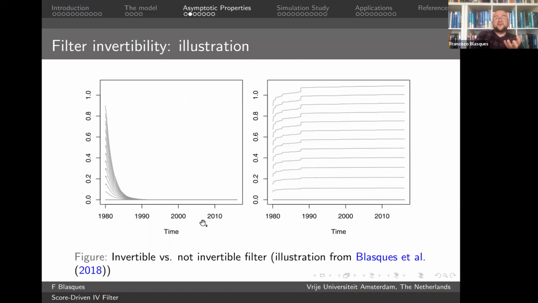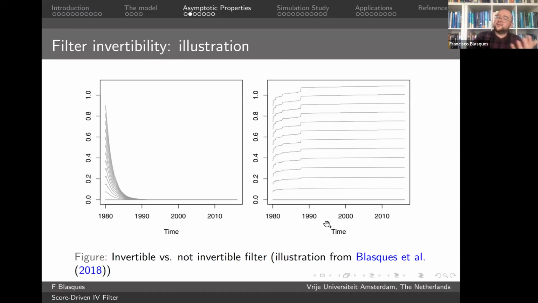If you initialize your filter at different points, with many different beta_1s, and then look at the differences between these filters, they vanish very quickly if the filter is invertible. If it's not invertible, as in the image on the right, then that small difference at the start may not vanish, could even increase, and could propagate indefinitely.